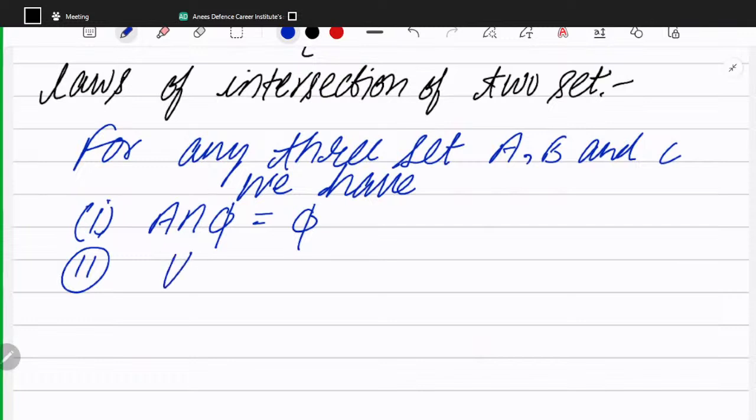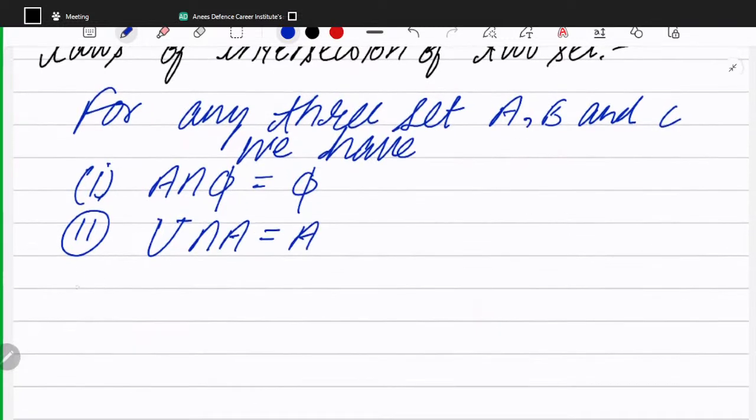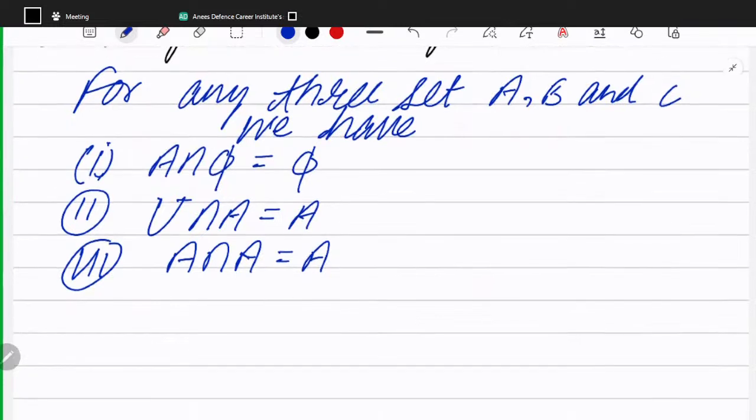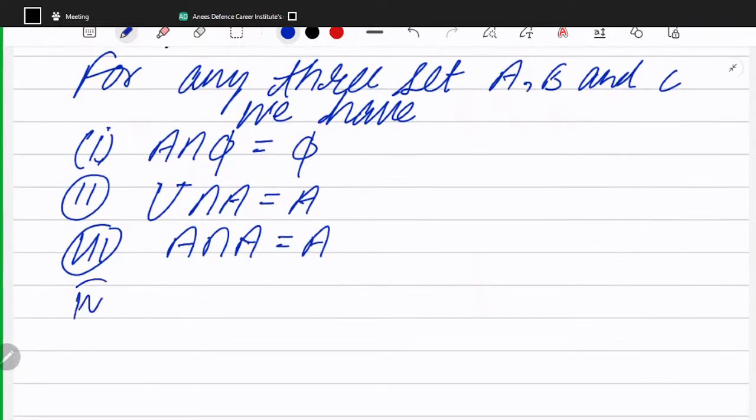U universal set intersection A is equal to A. Third one is A intersection A, that is equal to A. The fourth one is A intersection B must be equal to B intersection A.